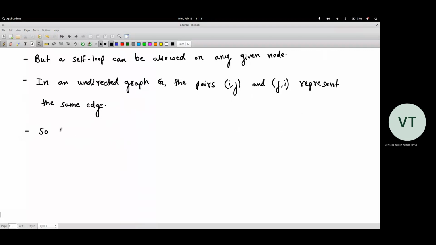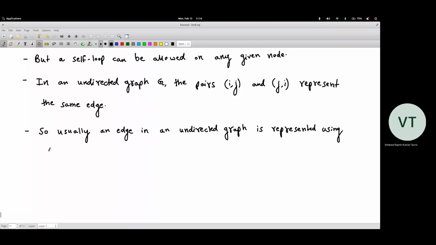So an edge in an undirected graph is represented using set theoretic notation as {i, j}, an unordered pair.